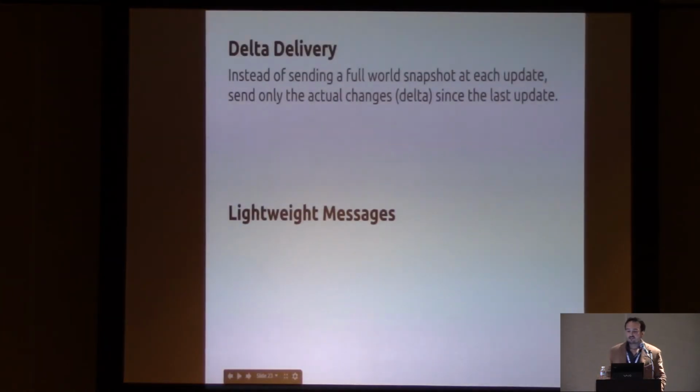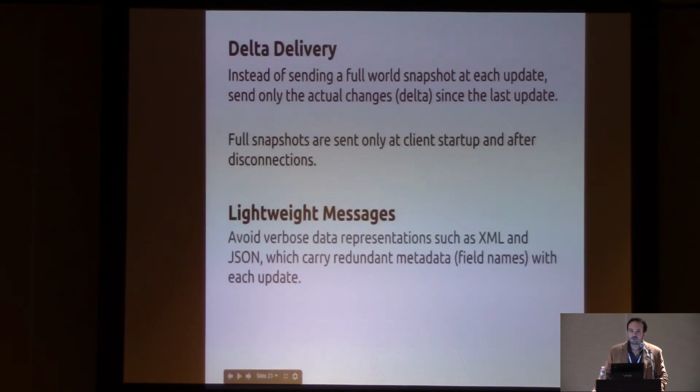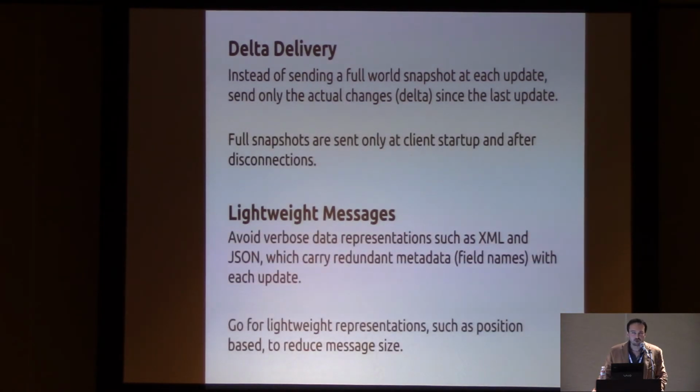This leads to the discussion of other techniques that you should want to implement to get this easiness of implementation together with the optimization, which are delta delivery and the use of lightweight messages. Delta delivery means that you don't want to send a full snapshot of your game world for each update.